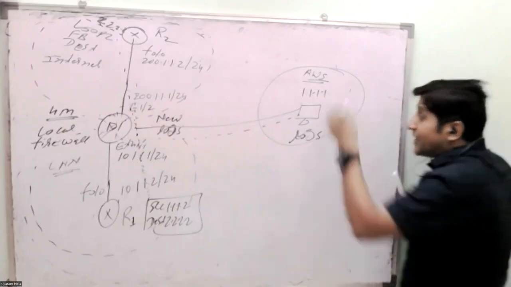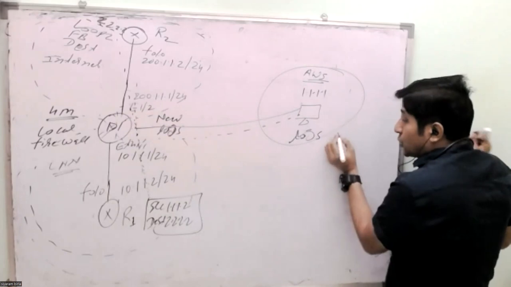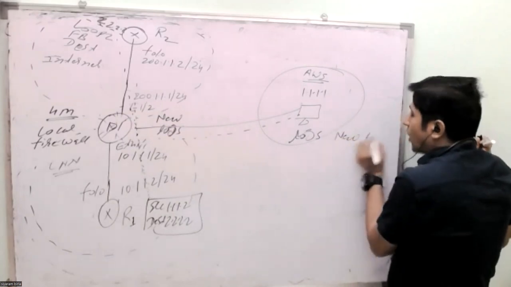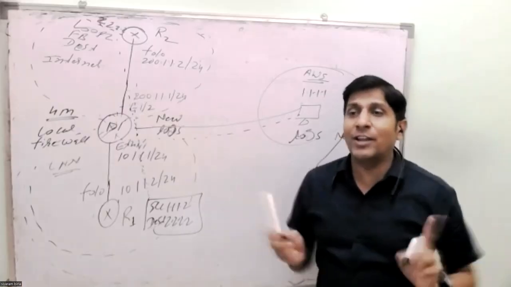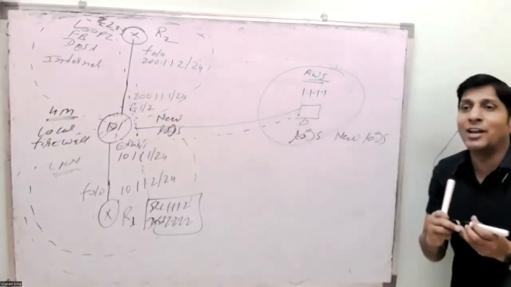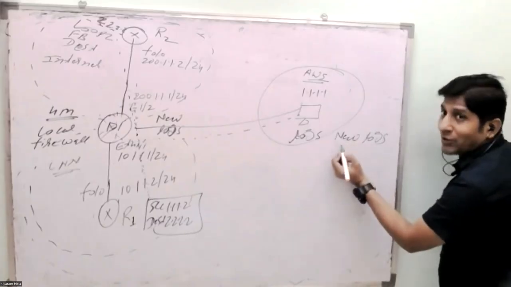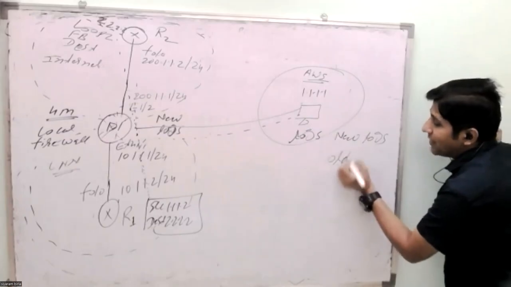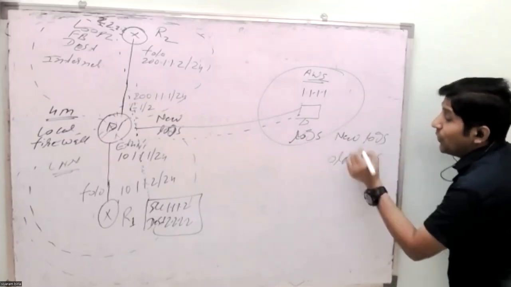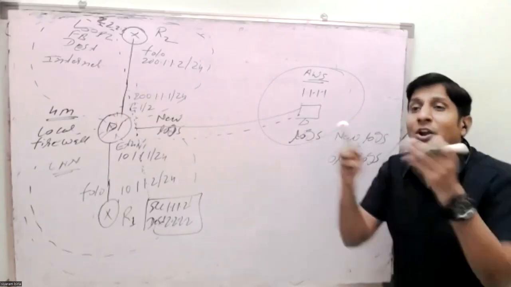And this server stores the new logs, and it will never delete any logs. It means right now these are new logs, and after some time they become older logs. So it is gathering the new logs as well as the older logs.